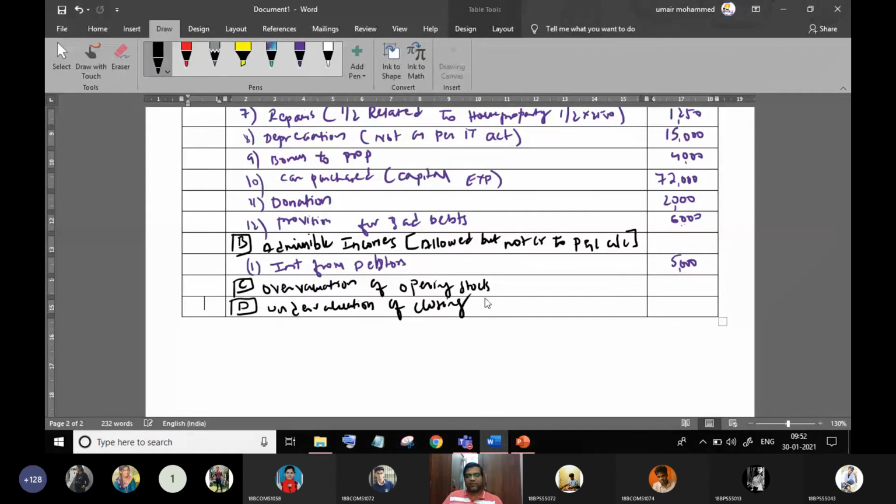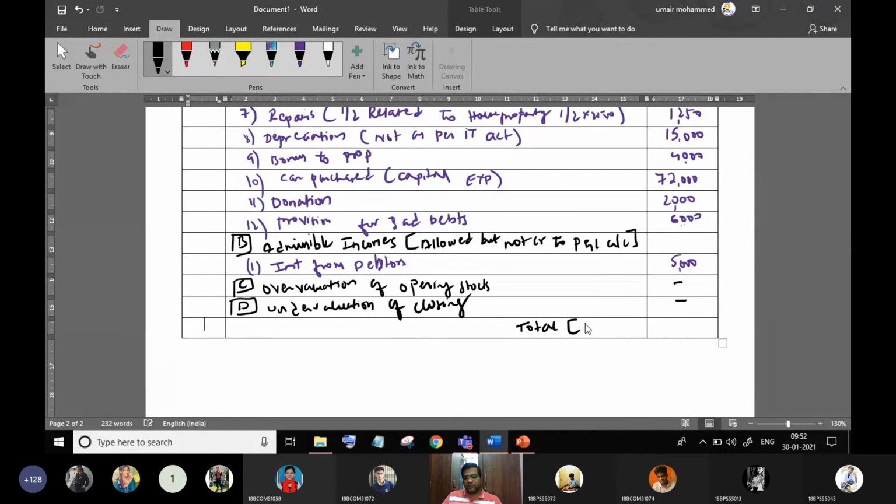Both we do not have in this question because this question does not have a trading account. This is only a P&L account. So we do not have any data pertaining to stock, but still you write this so that you remember the steps, right?